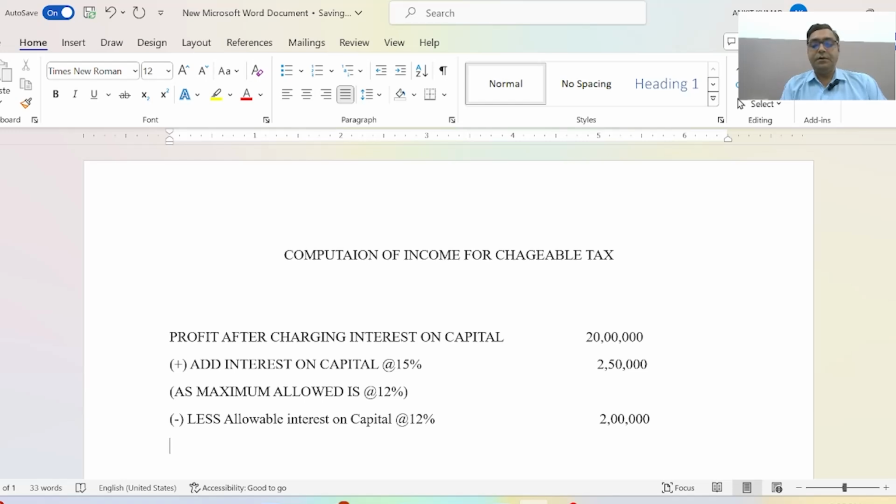Now it will be profit chargeable to tax.